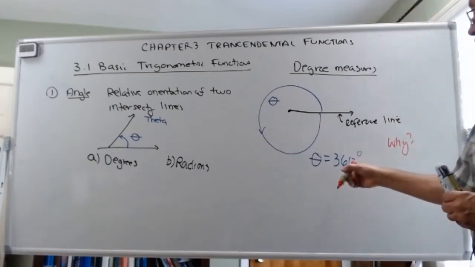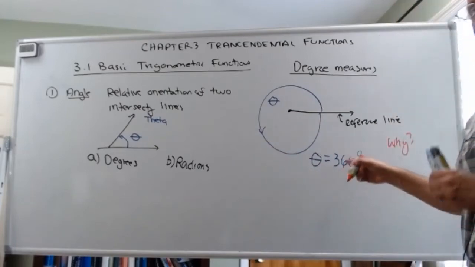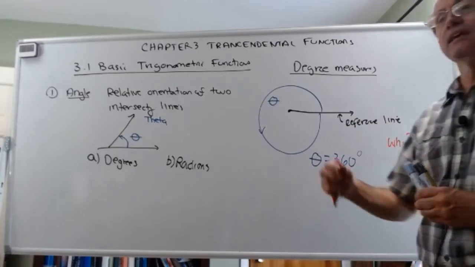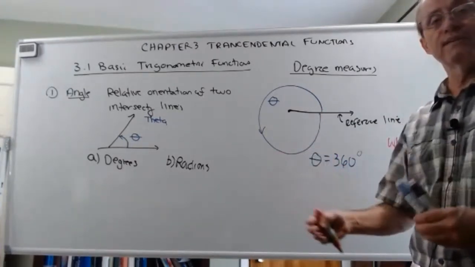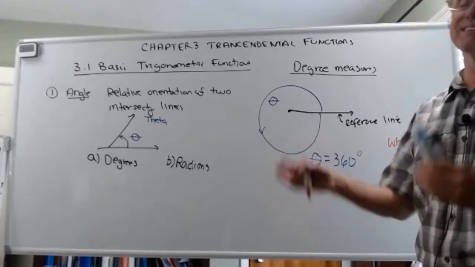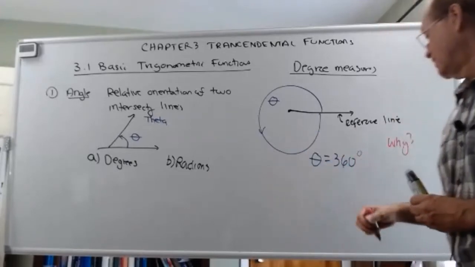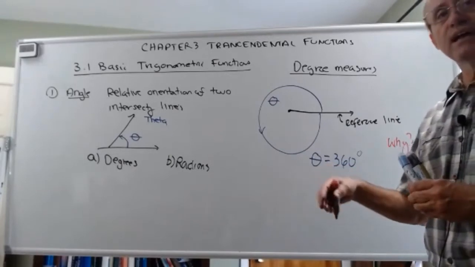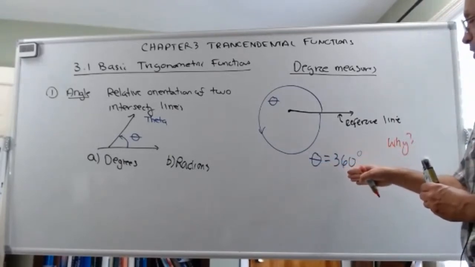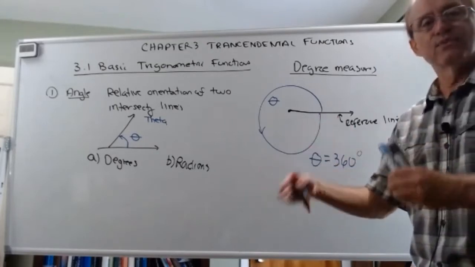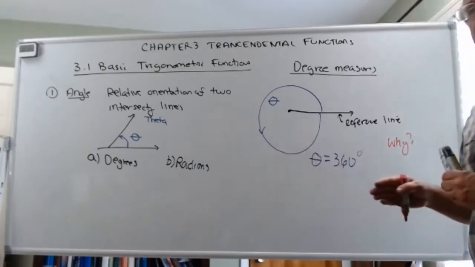It turns out that 360 is a really nice number because you can break it into 2 pieces without any remainder, 3 pieces, 4 pieces, 5 pieces, 6 pieces, 7 doesn't work, 8 works, 9, 10. You can divide it by a lot of different parts and not have fractions or decimals. So it's kind of a nice number.